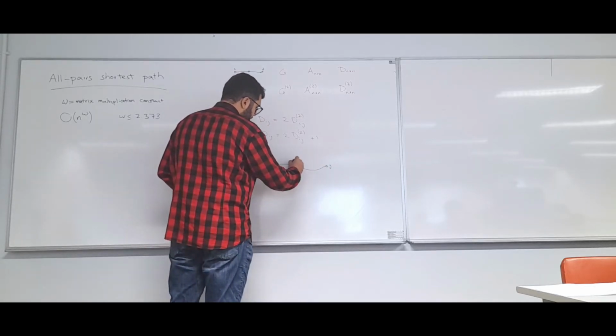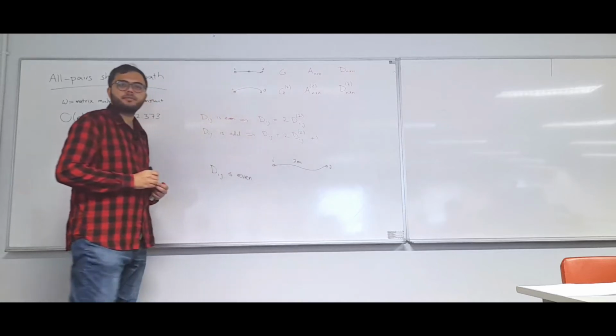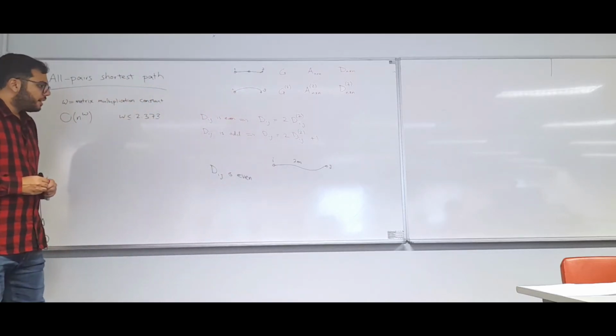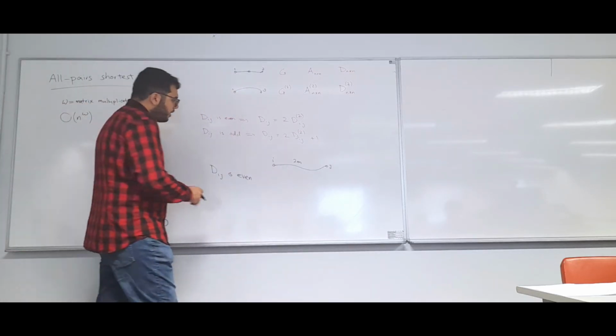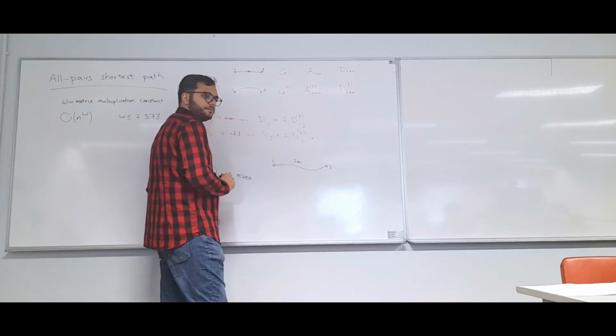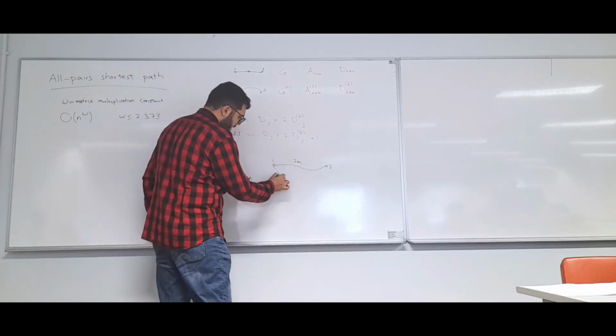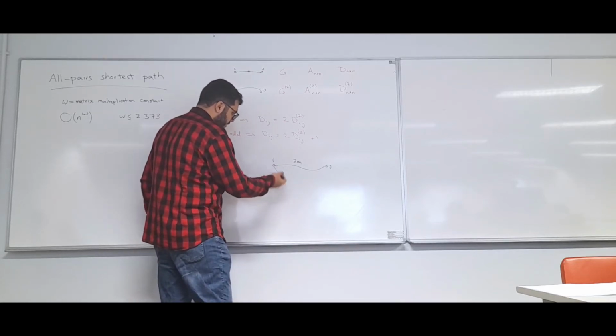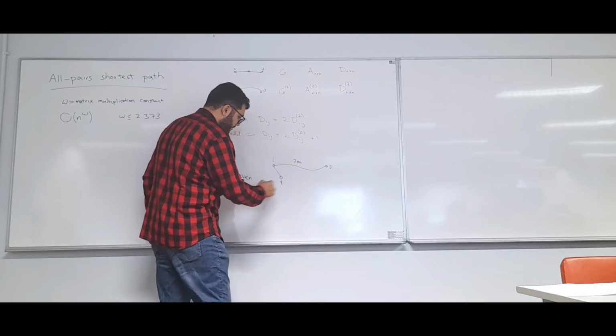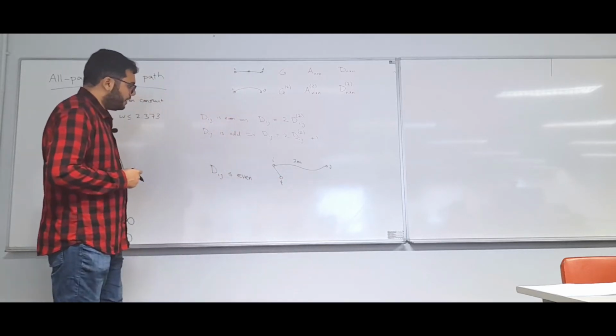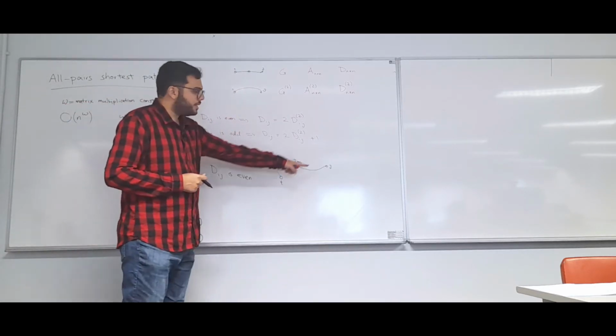So let's say the length was 2n. Okay. Now I just want you to look at all of the neighbors of i. So let's say that I take a neighbor here. Let's call it, I don't know, t. Now, what is the distance from t to j?